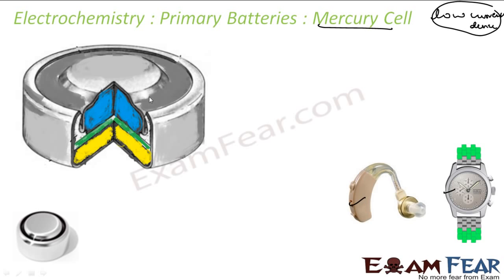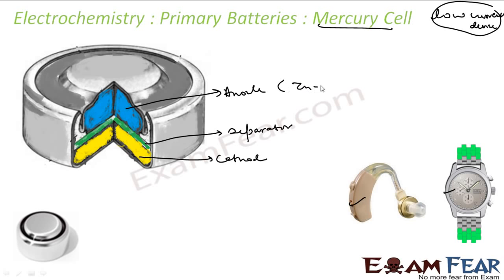If you see, this part is my anode, the yellow part is my cathode, and the green is a separator. Right? For the anode, zinc and mercury amalgam is used. For the cathode, HgO and carbon is used.